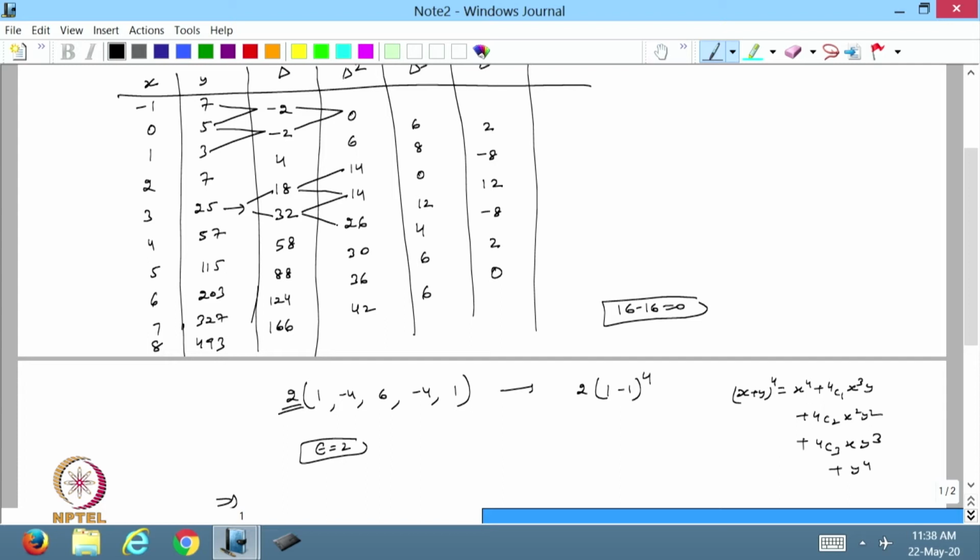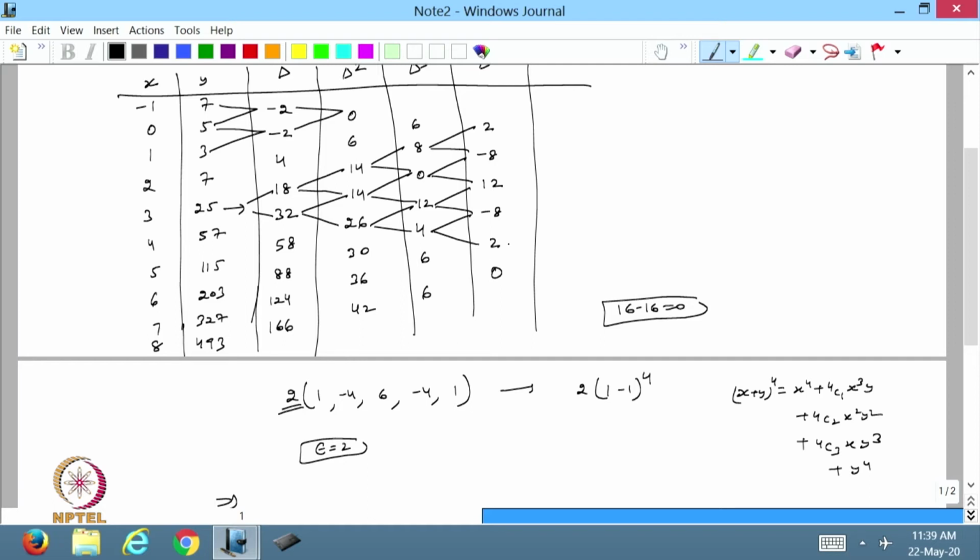Like this, then it will go this way, like this way. So, that is my error.